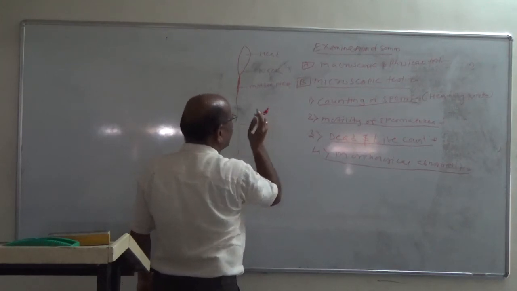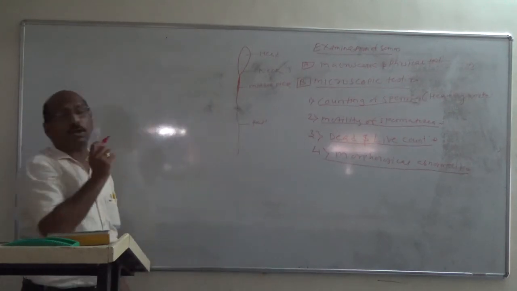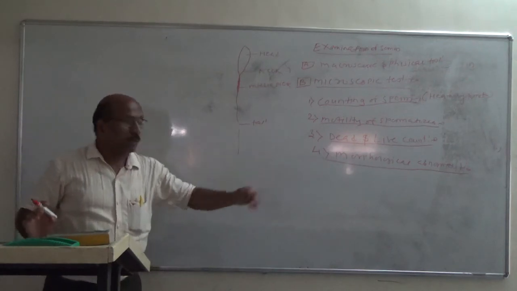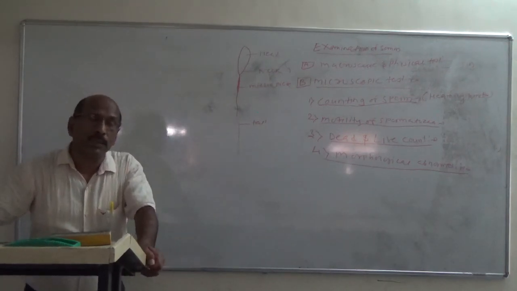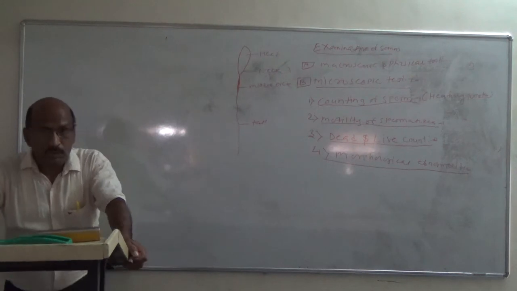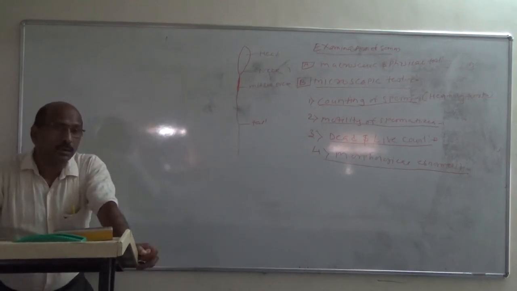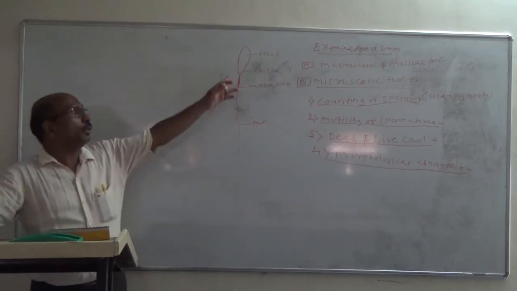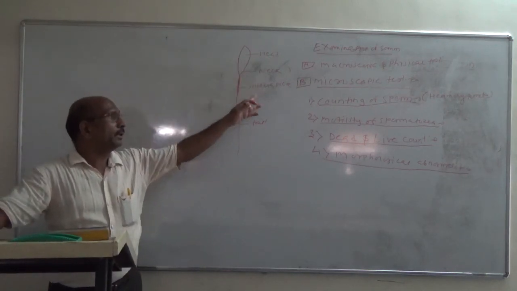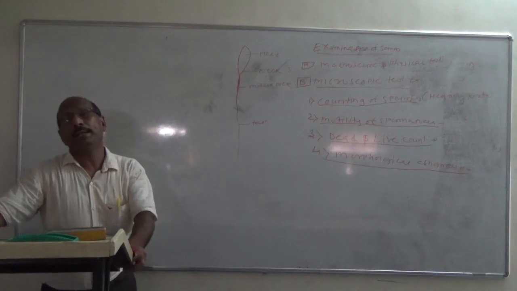So it has the normal structure of a sperm. Morphologically, the sperm may be abnormal with regards to head, neck, middle piece and tail.